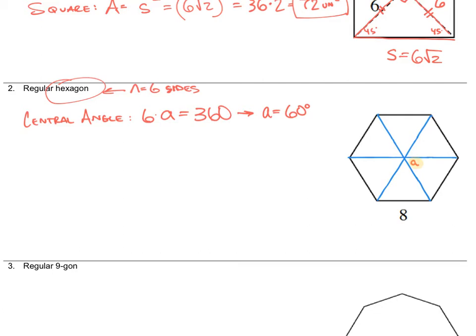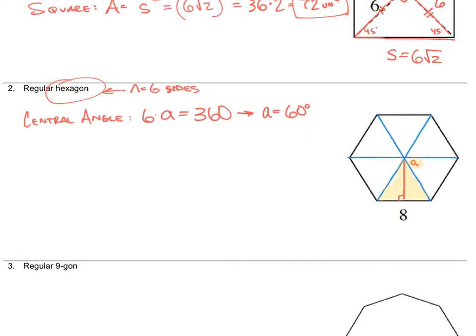The next thing I want to talk about is what I'm calling a central triangle. Okay, and that's this triangle right here, and you'll also see that there are 6 of those in this hexagon because we have the one that I just highlighted plus the 5 others that go around the hexagon. So what I want to do now is start to analyze that central triangle, and I'm going to do that by dropping a perpendicular from that central angle.